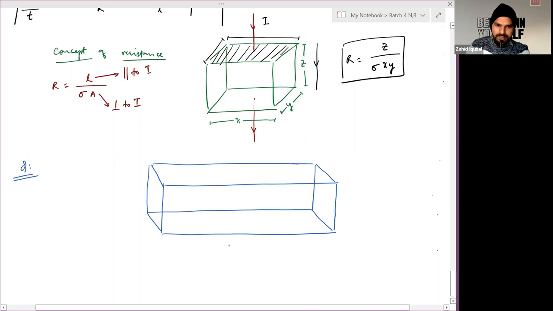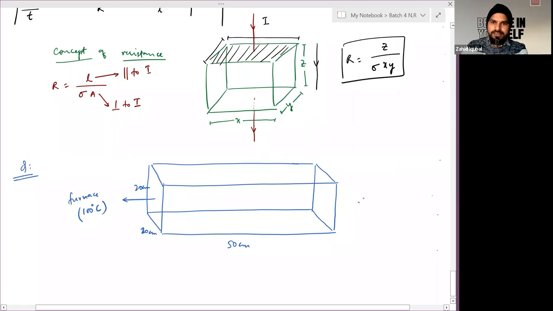Suppose this is a slab having length 50 centimeter, 20 centimeter, and 20 centimeter. This end is connected to a furnace, 100 degrees Celsius.